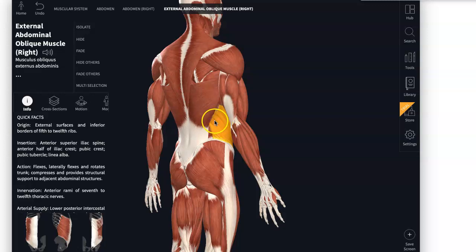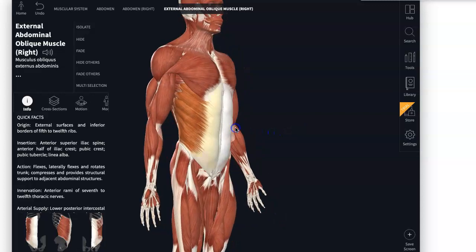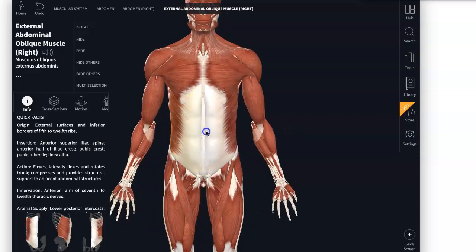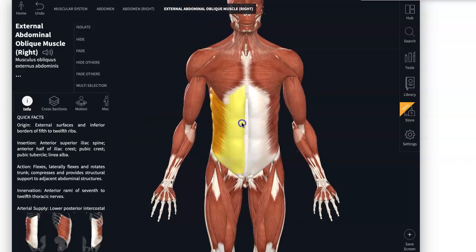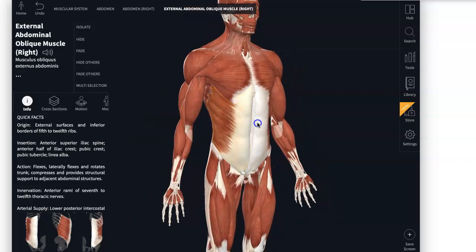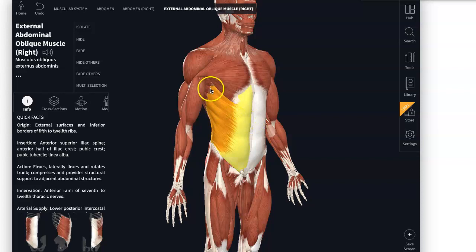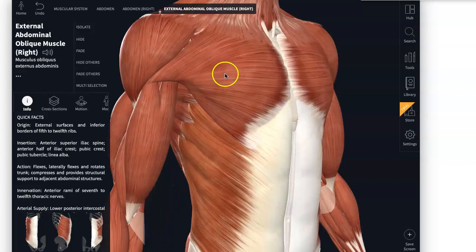This is why you're getting lateral flexion and rotation around the vertebral column. So you can see it better there. Huge, huge. The other thing I wanted to point out with this external oblique, these muscles up in here that you're going to be seeing shortly, these are the serratus anterior muscles.